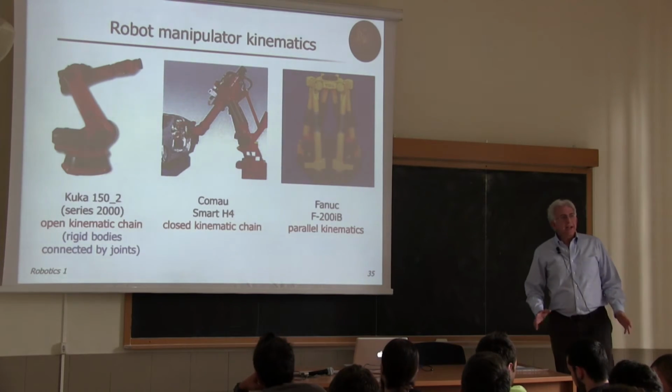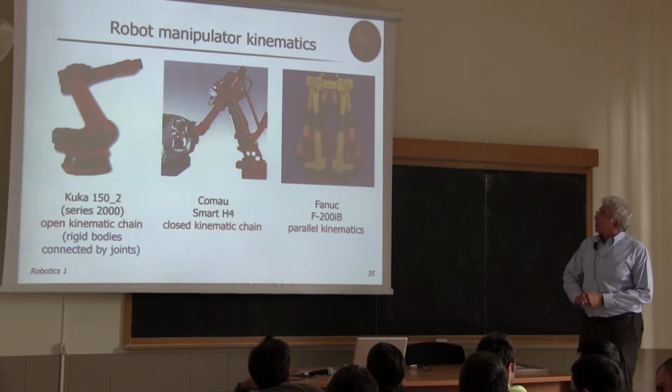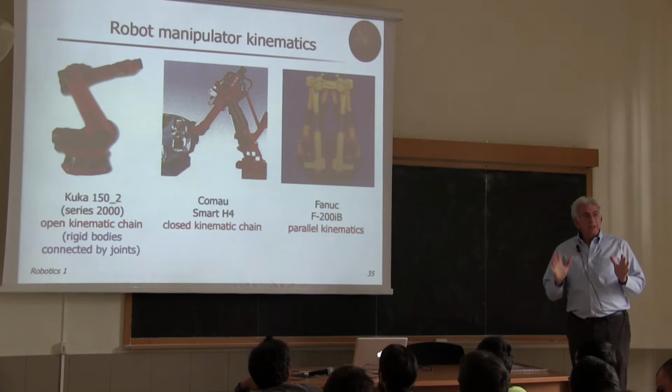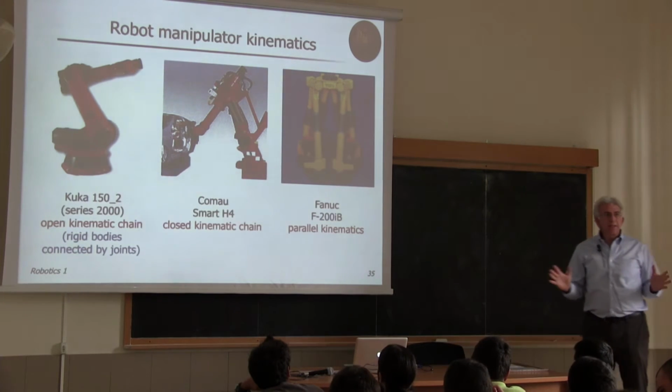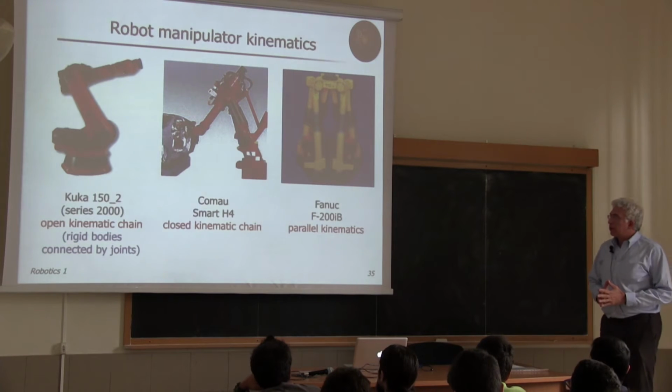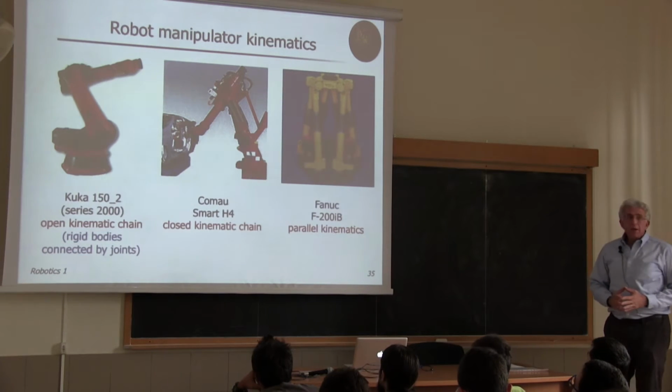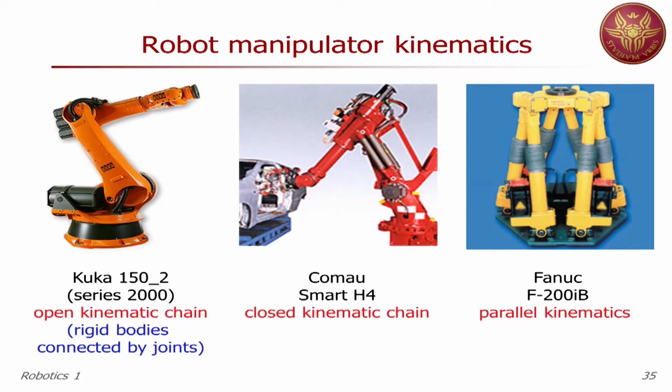But we can characterize a few typical structures, classes of articulated manipulator. In particular, in the following parts of the course we will refer to one main structure, which is the one shown on your left side, for instance, a KUKA 150 robot.